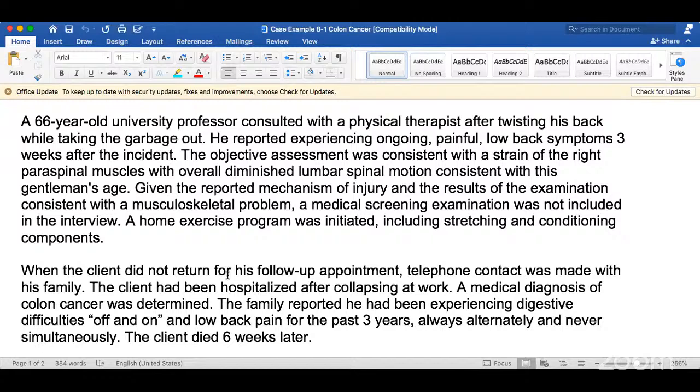Can you see that they were not able to detect, even though the family knew or observed these issues of digestive difficulties, low back pain, and the alternating symptoms between the back and the GIT?